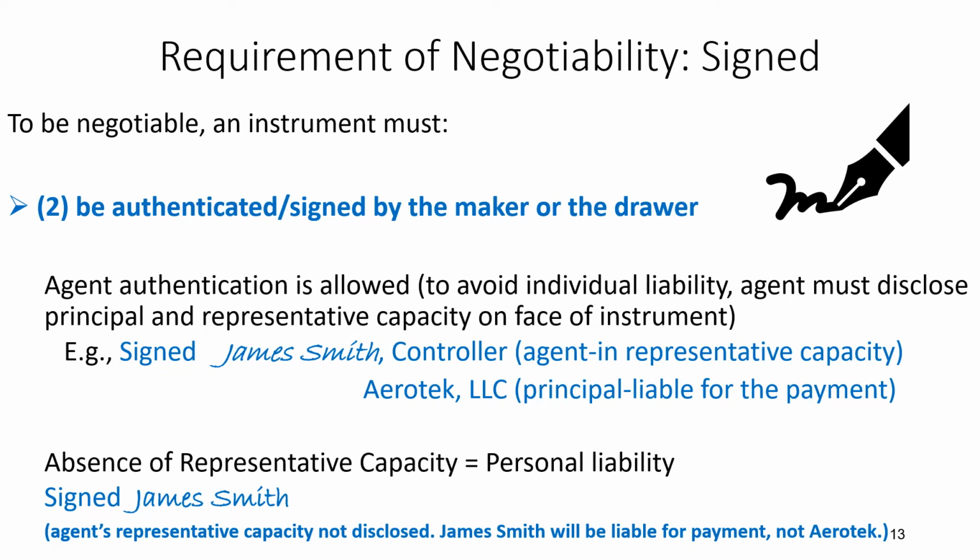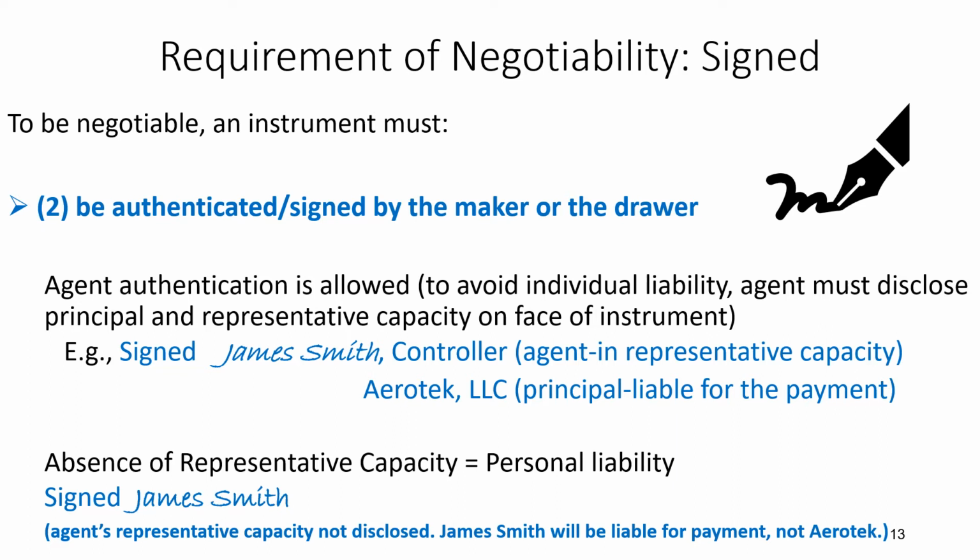For example, James Smith would sign, if he is entering into a promissory note for his company, Aerotech, he would sign James Smith, Controller, which shows he's an agent, and then Aerotech LLC, which is the principal. That's who's going to be liable for the payment.